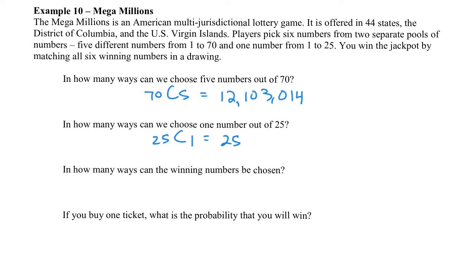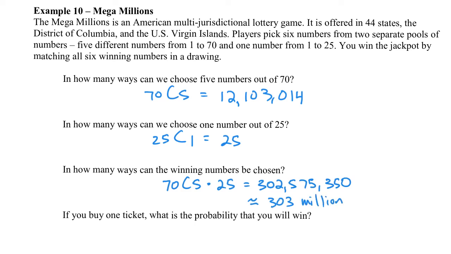So you need to multiply those together. So you have your 70 choose 5, times your 25 choose 1. When you multiply these two together, you're going to get a giant number: 302,575,350. So this is approximately 303 million.